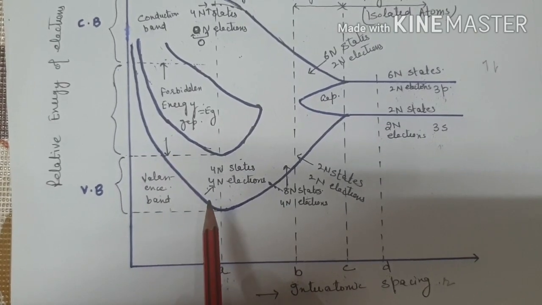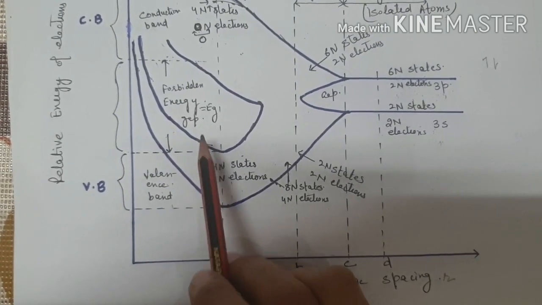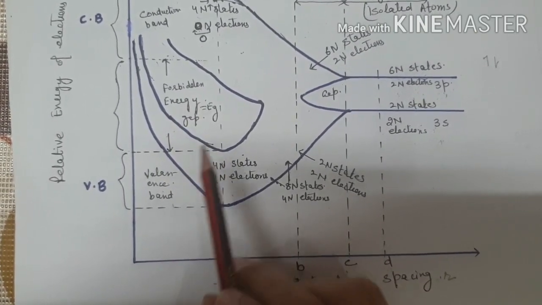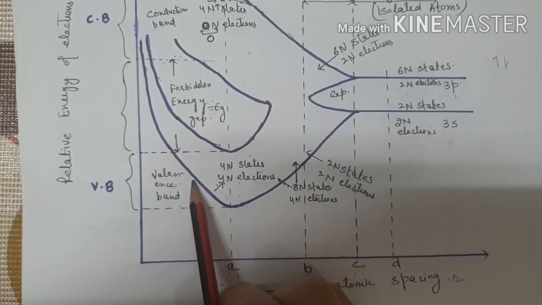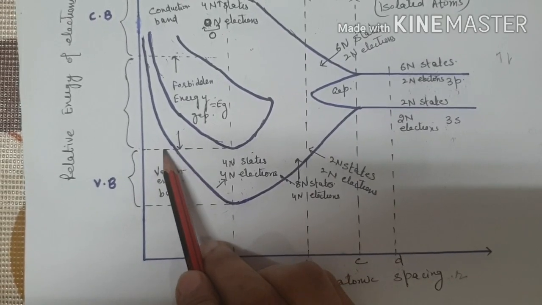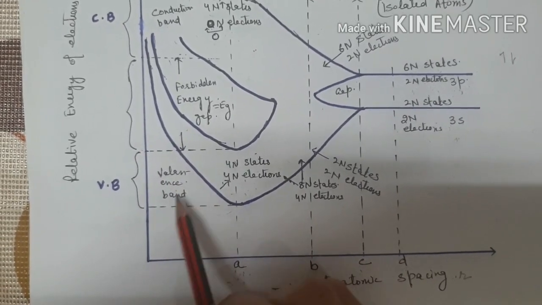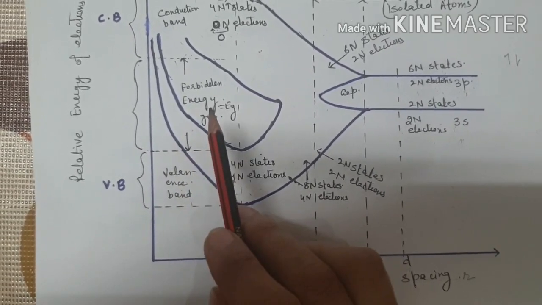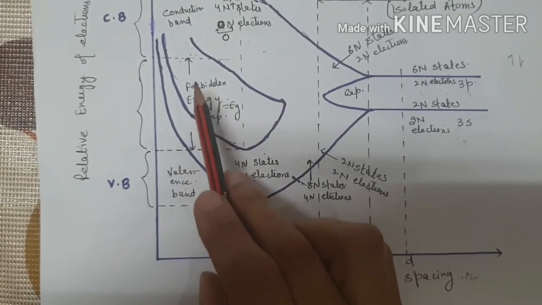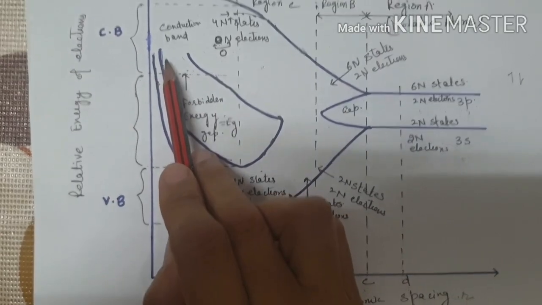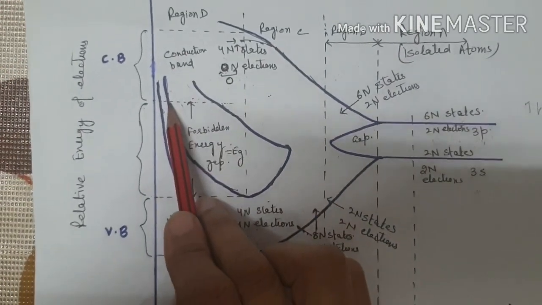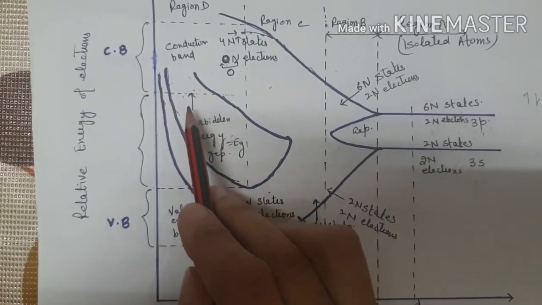No allowed energy levels can exist in the forbidden energy gap. The highest energy band that is filled or occupied by the valence electrons is called the valence band, from this point to this point. And the next empty allowed band is called the conduction band. So this is the valence band, this is the conduction band.